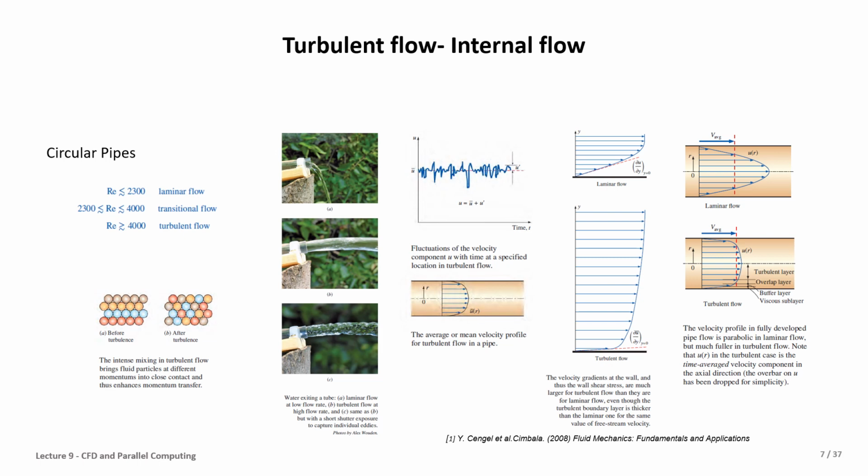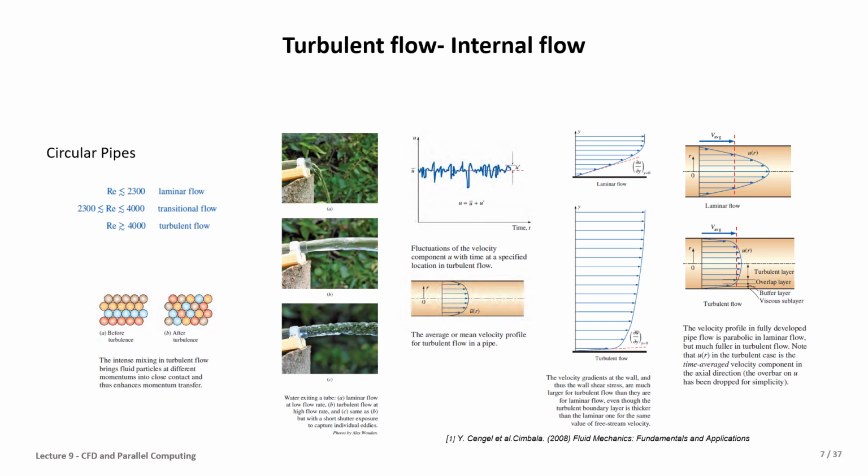Regarding the flow, when we talk about turbulent flow, indeed, because of the complexity, there is a fluctuation in the properties. One of the properties most studied in turbulent flow is the velocity.